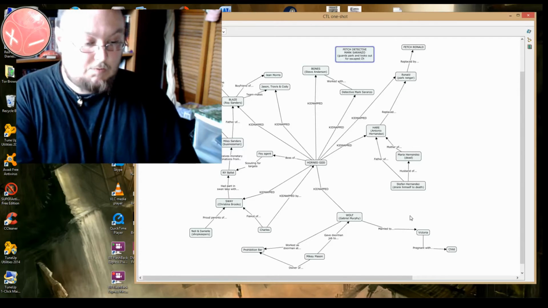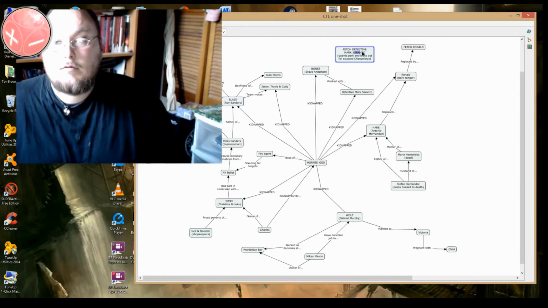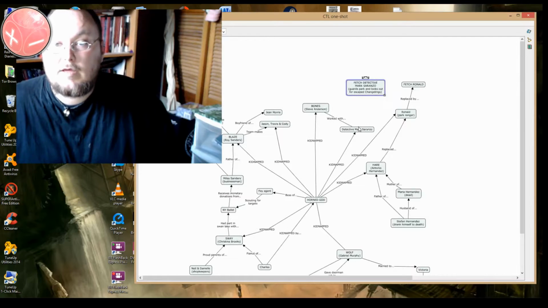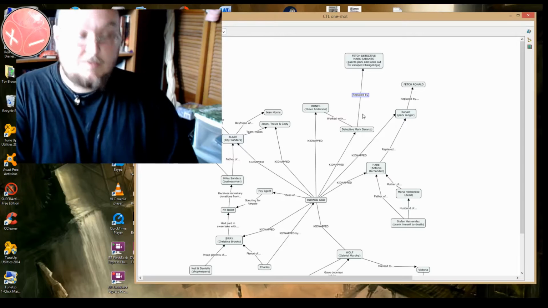Guards the park and looks out for escaped changelings. I'll put him up there. And the original detective was replaced by.